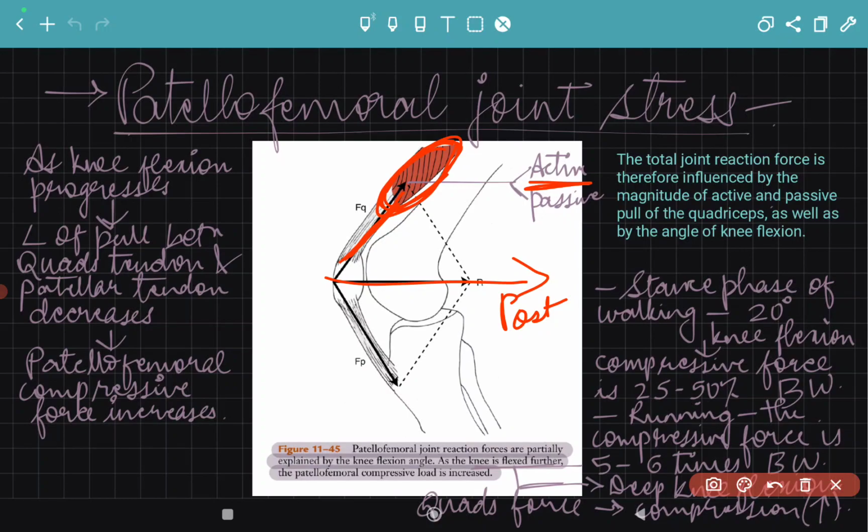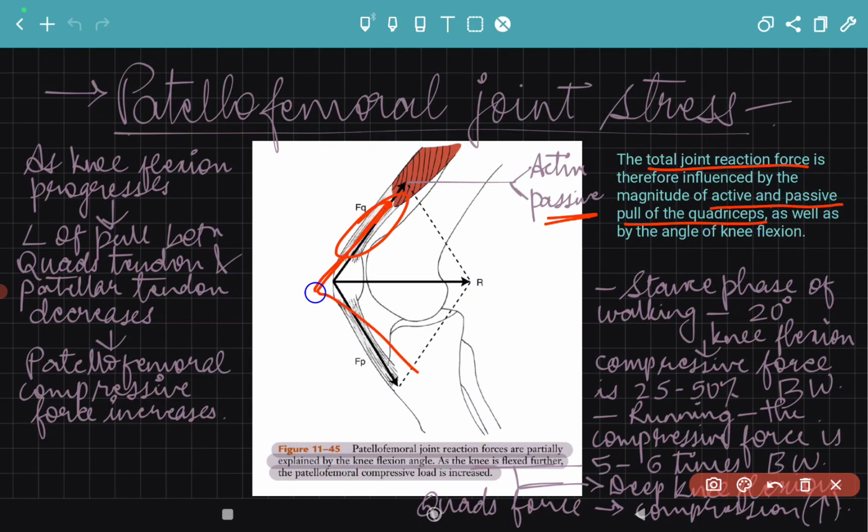If it's not the case, then only the passive elastic tension will work. So the total joint reaction force will be influenced by the magnitude of active and passive pull of the quadriceps as well as the angle of knee flexion.